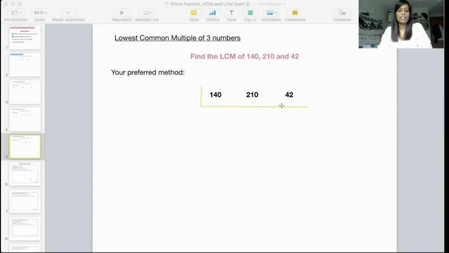Okay, just a few more seconds. I understand that some of you are probably still finishing. I'm going to still start my answer to this question just so you can see that you're on the right track. Okay? So I noticed in all these three numbers that the number 7 divides into all of them.